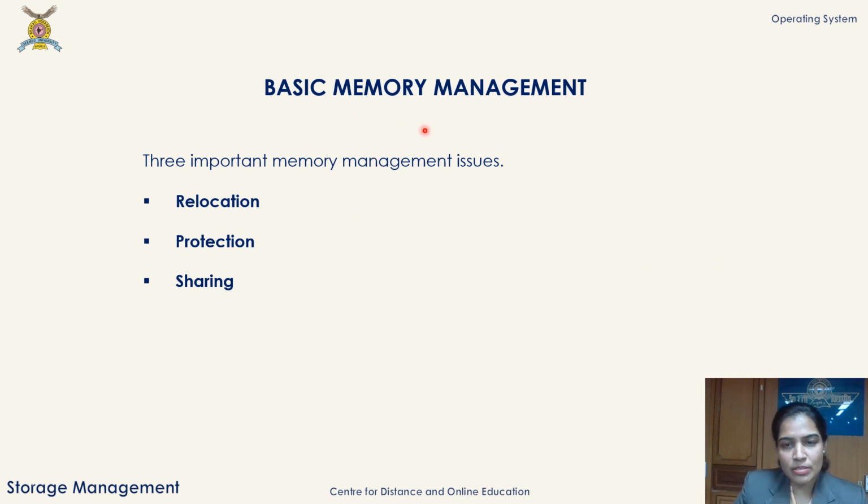Let's see basics of memory management. There are three important memory management issues. One is relocation, then protection, then sharing. Now, relocation, what does it mean? A program may be relocated in the memory, maybe due to swapping of the processes.